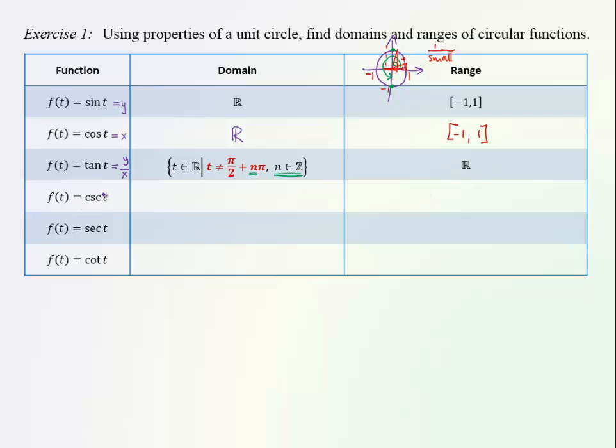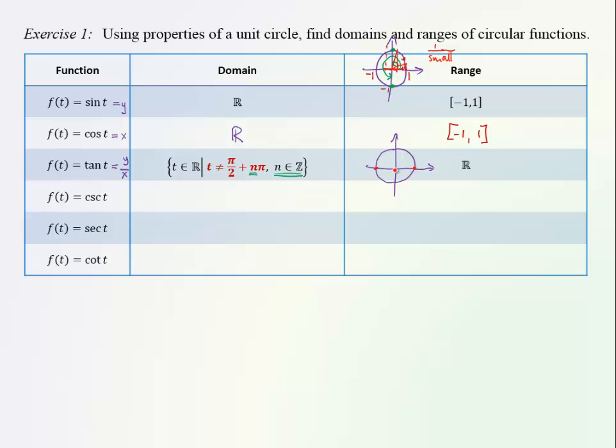Now, when we look at the reciprocal functions, cosecant is a reciprocal of sine. Therefore, the domain can be any real number except for those numbers t that will make sine 0. But when sine is 0, when the y coordinate is 0, I will redraw the circle. The y coordinate is 0 for these 2 points.